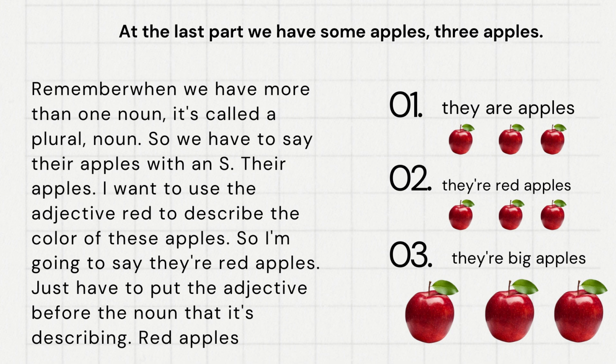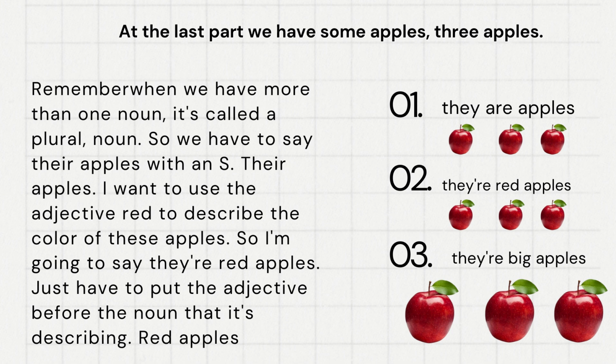Now I have some apples. Okay, let's say I have 3 apples. Remember, when we have more than one noun, it's called a plural noun. So we have to say their apples with an S. Their apples.